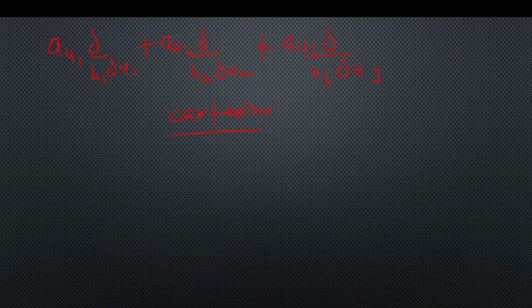So for Cartesian, u1 is x, u2 is y, u3 is z, h1 is 1, h2 is 1, h3 is 1.